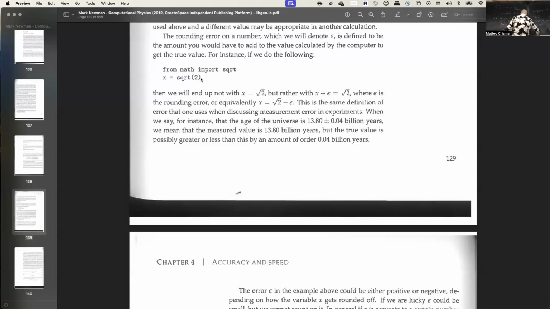What do you expect to get? Let's call x the square root of 2. And then let a equal x times x.